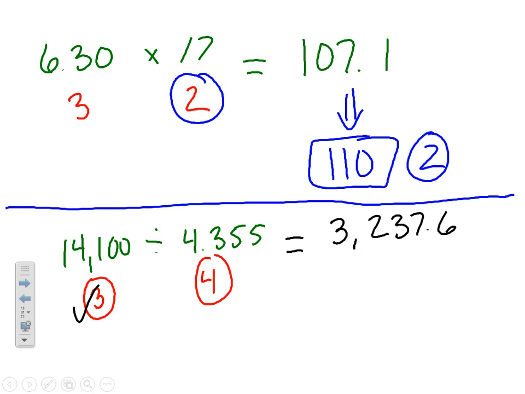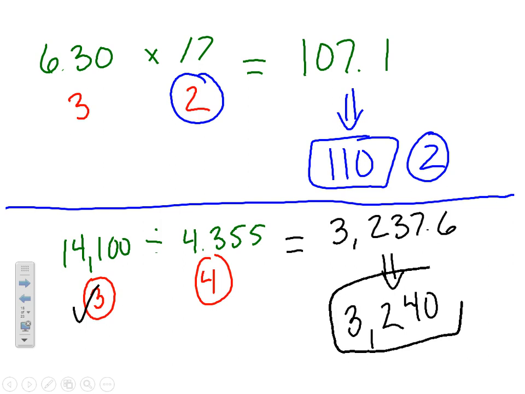So what number could we round 3,237 to, to have 3 significant figures? 37 is going to round up to 40. 3,240 has 3 sig figs. Our answer has 3 sig figs.